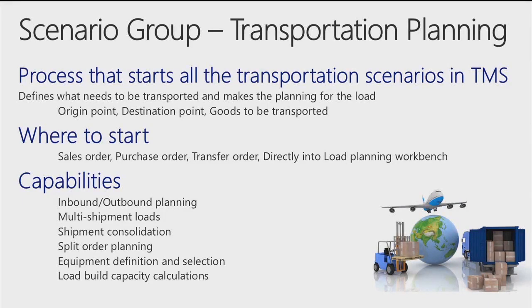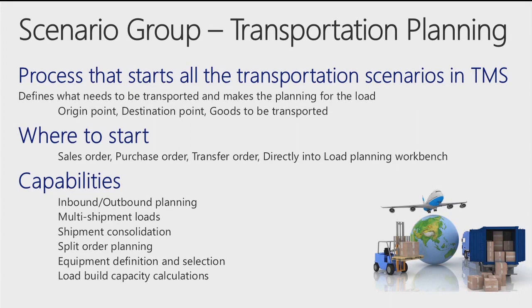To do this, we need to have some kind of demand for transportation. This demand comes either from the sales orders, the purchase orders, or the transfer orders. To make the transportation planning, we can do that either directly from one of these order documents, or we can go to a so-called load planning workbench where the transportation coordinator will make all the necessary planning.